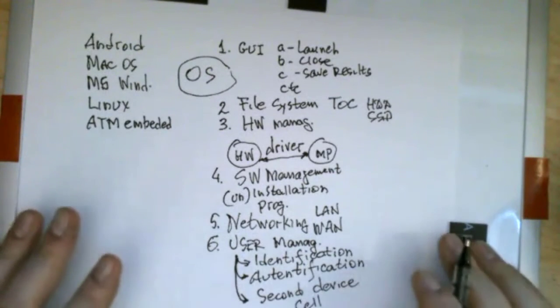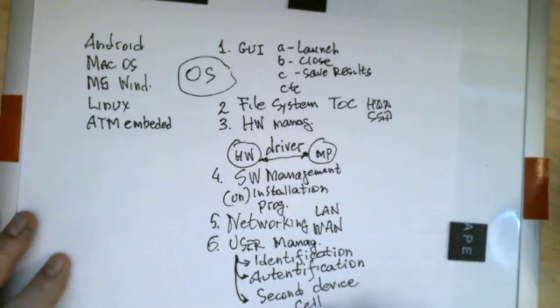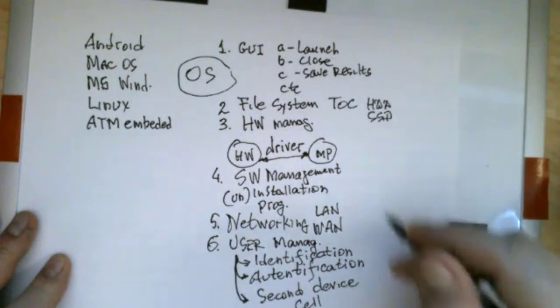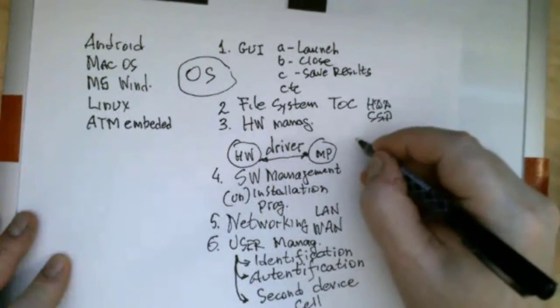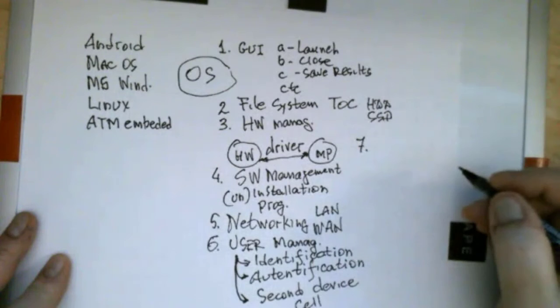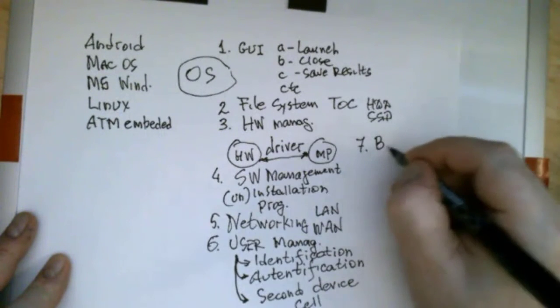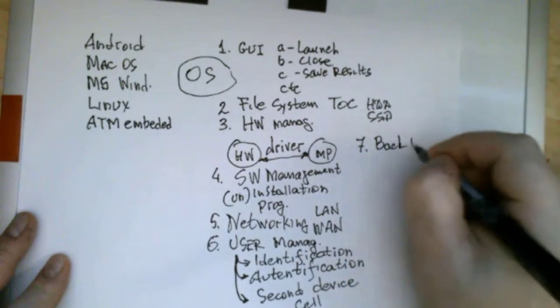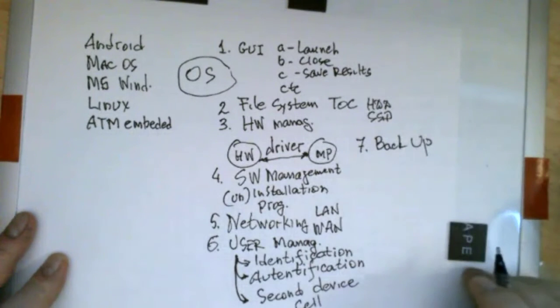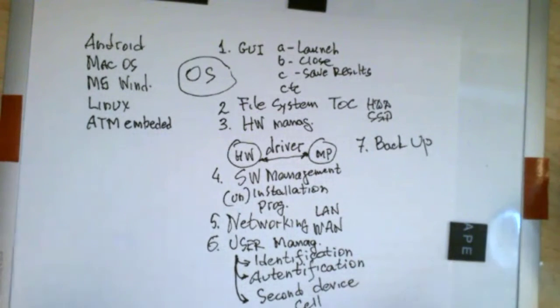So, folks, those are some functions. I'll go on to number 7, backup for your personal data. I will tell you, folks, that a computer is not ideal.